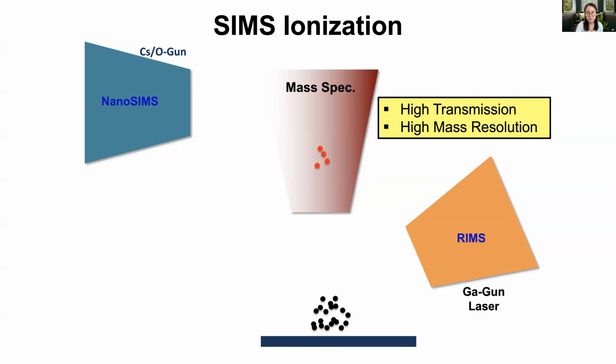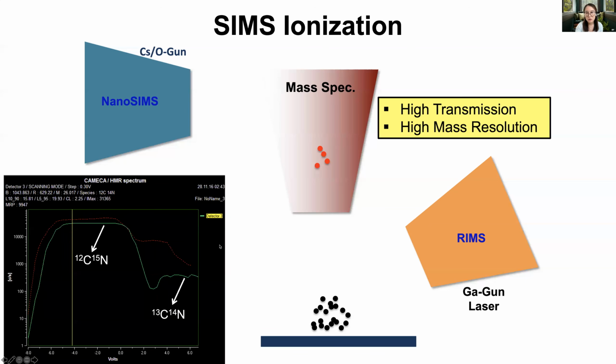So take nitrogen isotope analysis, for example. Nitrogen is measured in NanoSIMS as molecules for silicon carbide grains, and these two species shown here have essentially the same mass at mass 27, and therefore they arrive at the same detector of a NanoSIMS instrument.